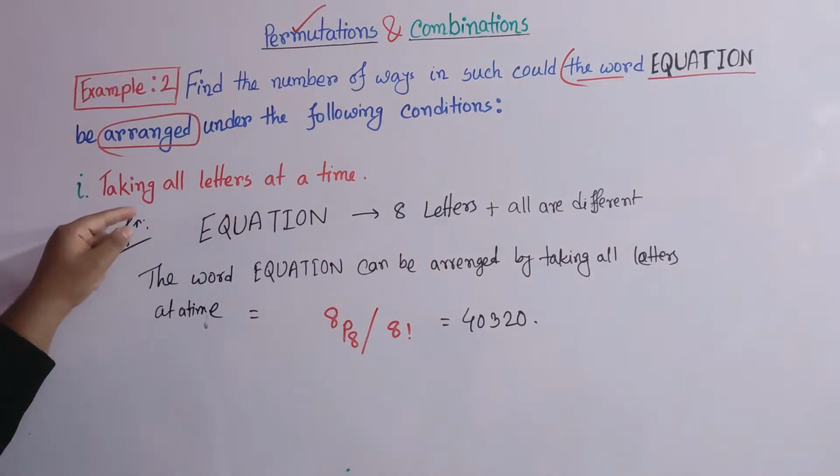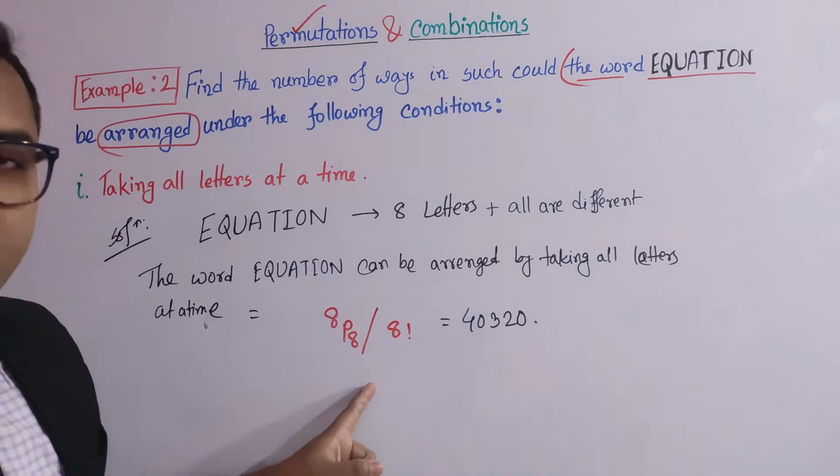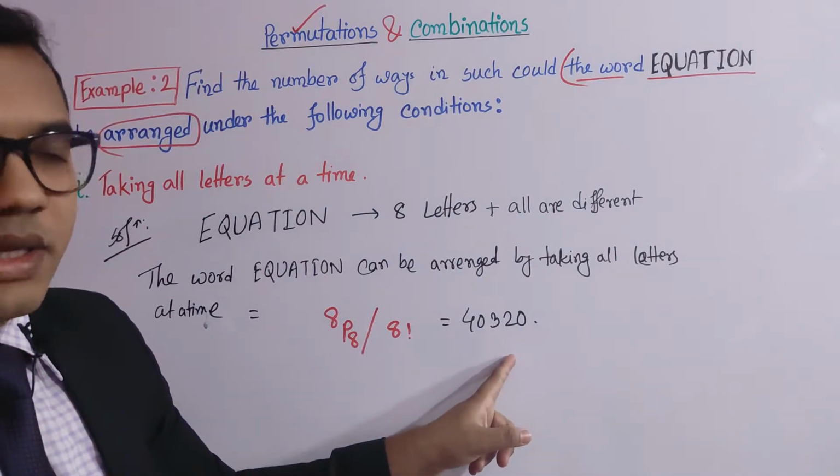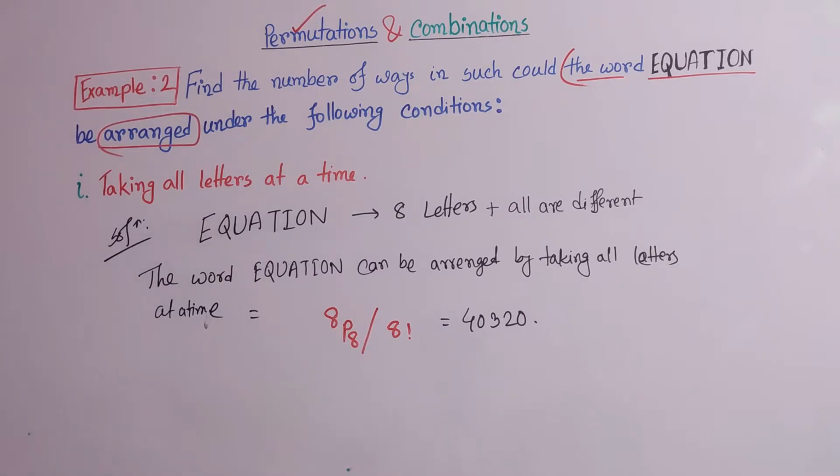We have 8 options and we have to take all 8, that is 8P8. So this is the answer of the first question. Okay, let's move on to question number 2.